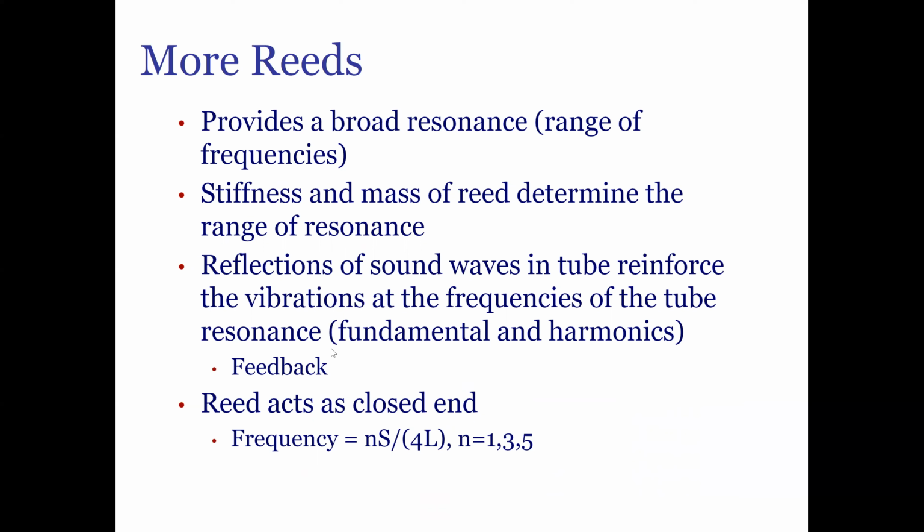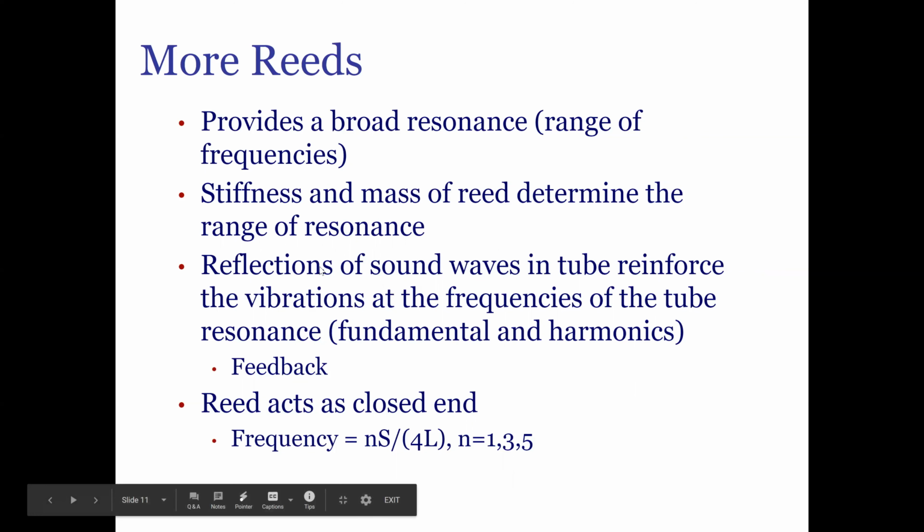This is not unlike what's going on with those standing waves getting set up in the tube and then picking out a particular frequency. The same thing is going on here. But if the frequency isn't there to begin with, then that note can't be played. The reed does act as a closed end.